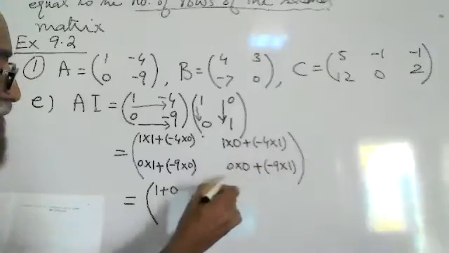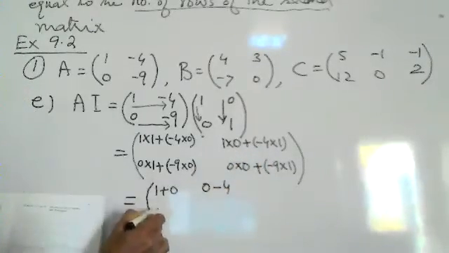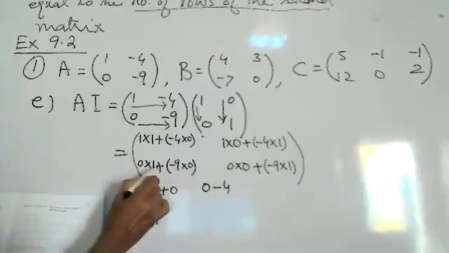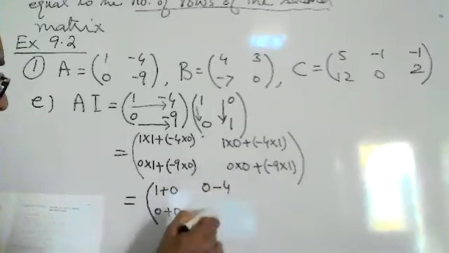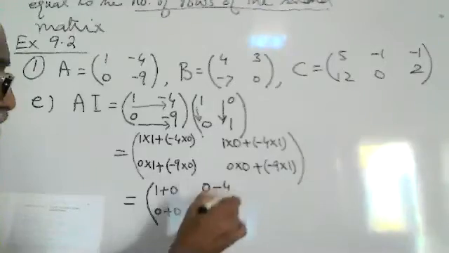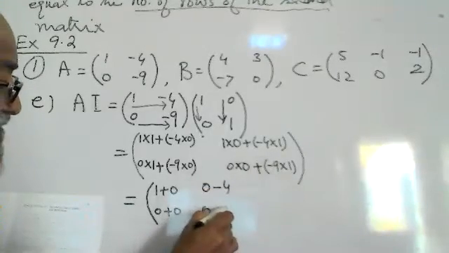Minus 4 into 1 will be minus 4. 0 into 1 will be 0. Minus 9 into 0 will be 0. Plus 0. 0 into 0 will be 0. Minus 9 into 1 will be minus 9.